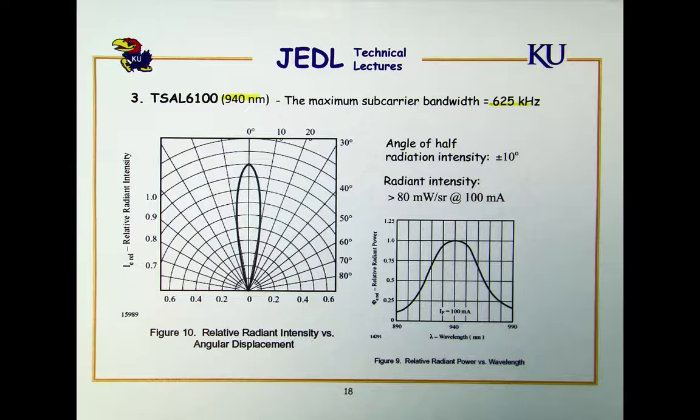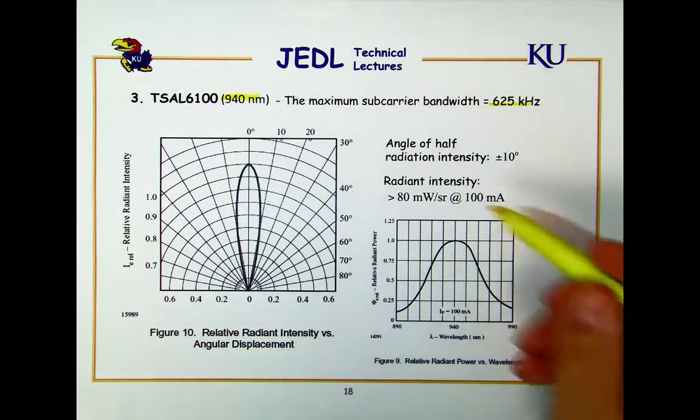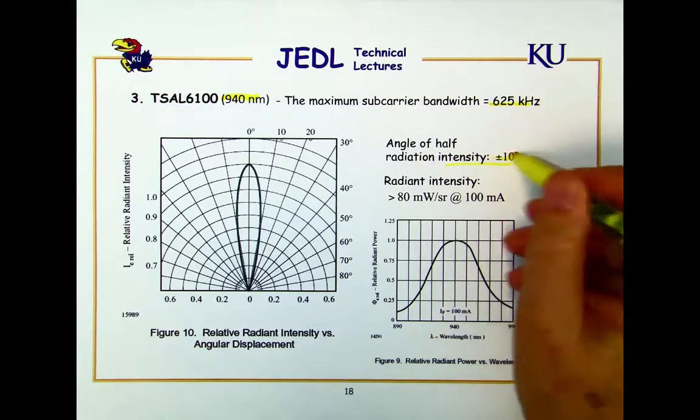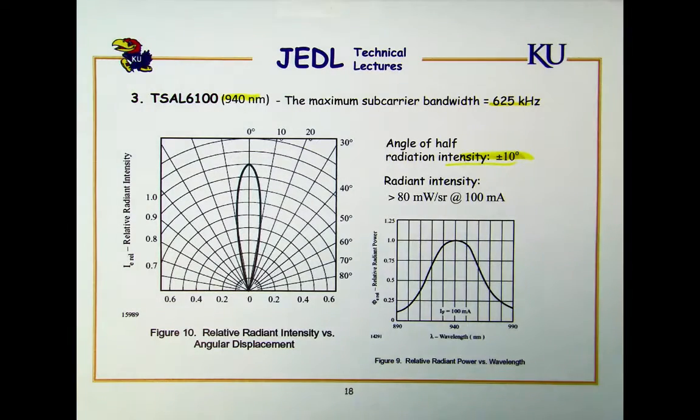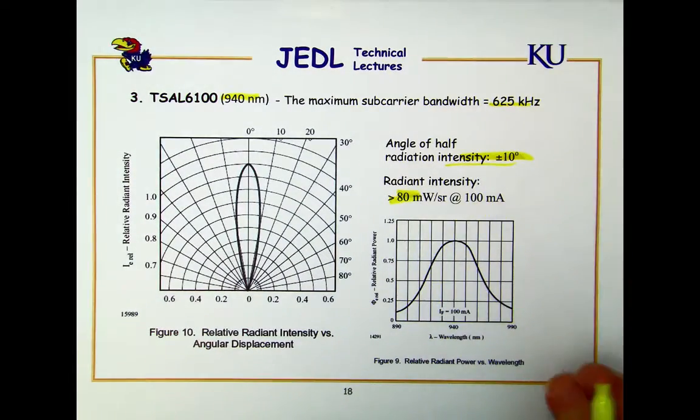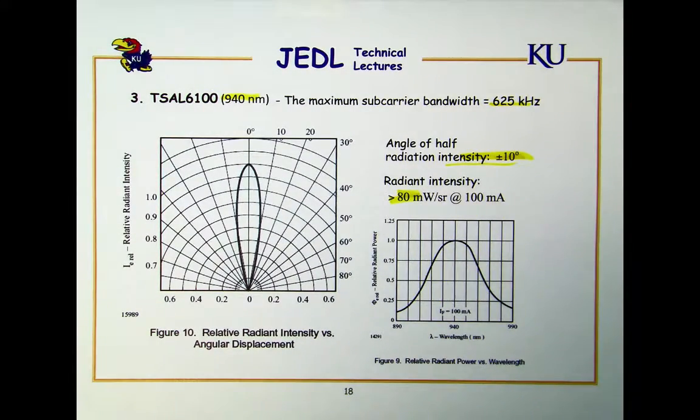This device has a half radiation intensity of 10 degrees, so that falls somewhere between the SFH484, which was 8 degrees, and the 485, which was 20 degrees. So it's kind of a good compromise there. It has a lot more power than either of the other two.